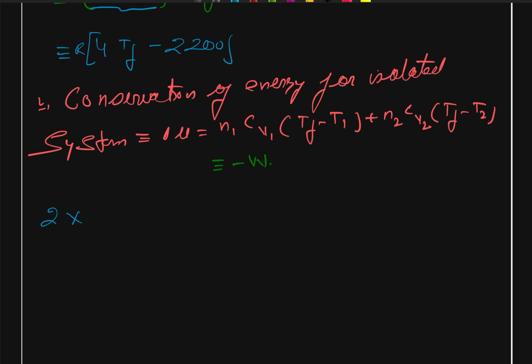So we substituted here, is equal to minus of R 4 times Tf minus, this is our 2200.